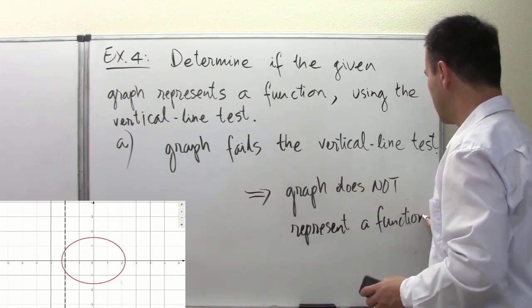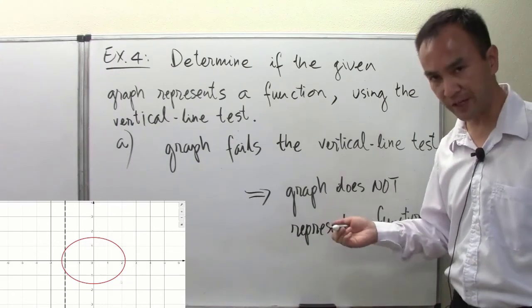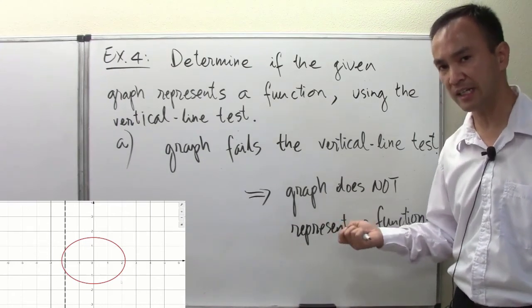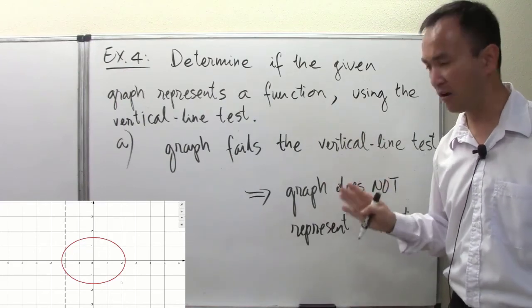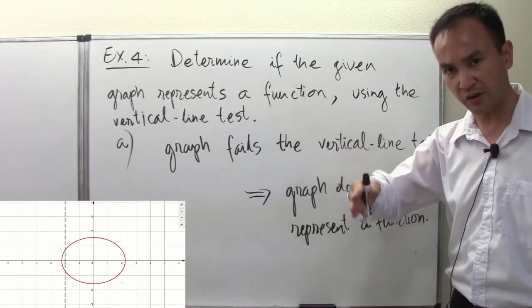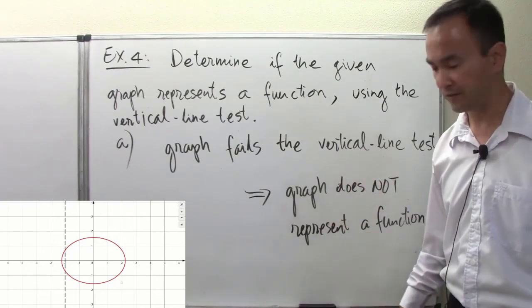It's just some graph out there. In another video lecture, I will explain what exactly those graphs are when they fail to represent a function. But now all we pay attention to is whether this graph represents the graph of a function, and it doesn't.